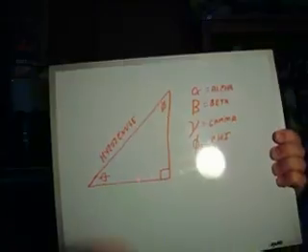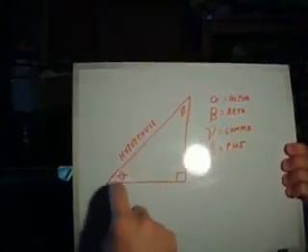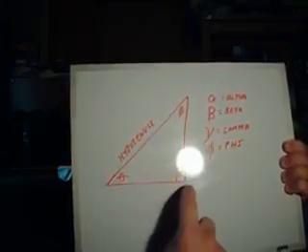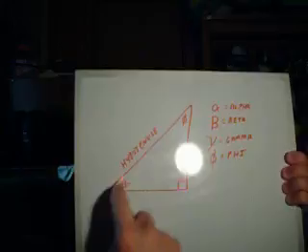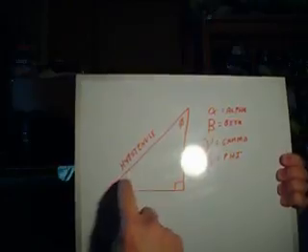Okay? And then I said that when you're dealing with an acute angle like this, which I labeled as theta, you're going to have a side that's adjacent to the hypotenuse and a side that's opposite of this angle. We're talking about this angle right here.